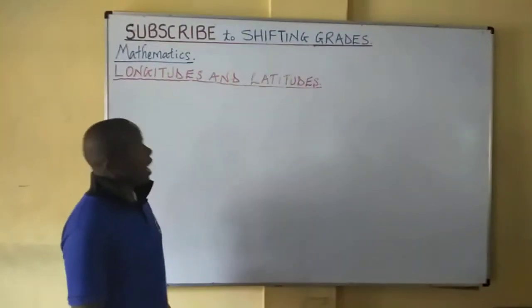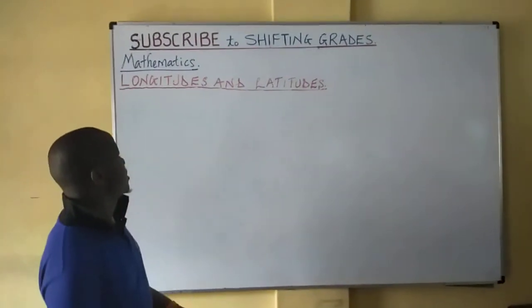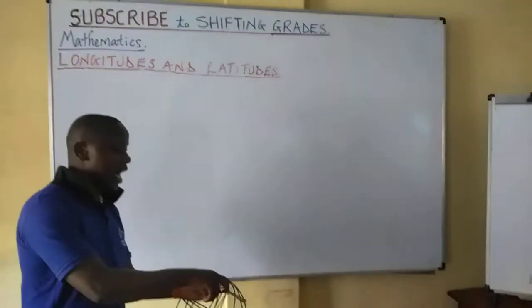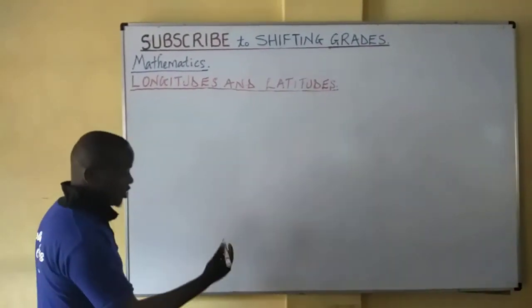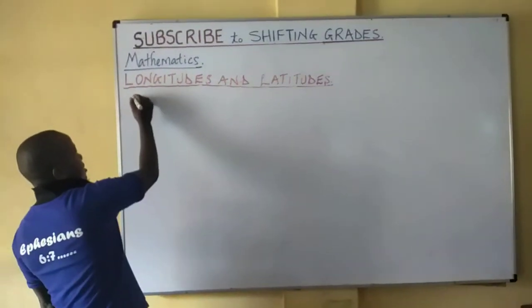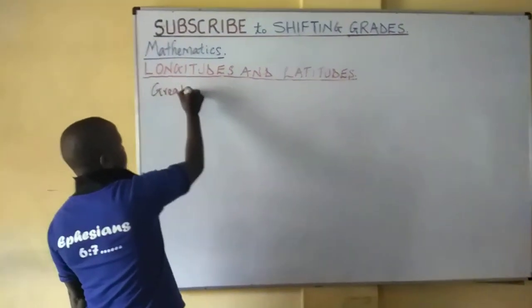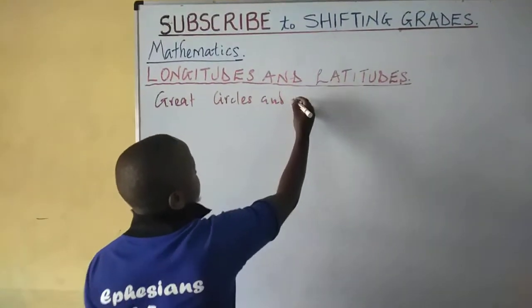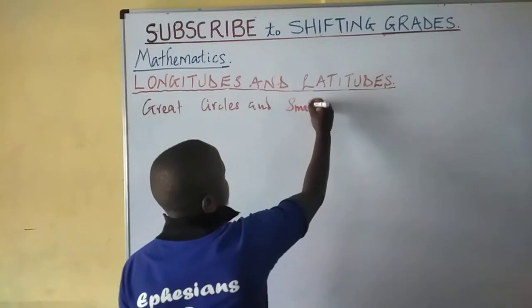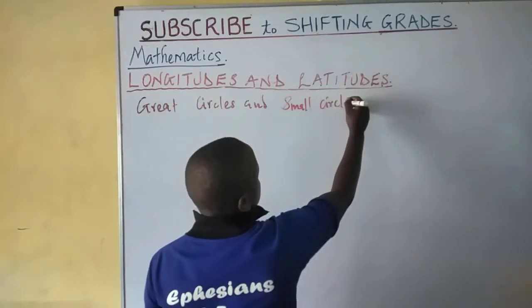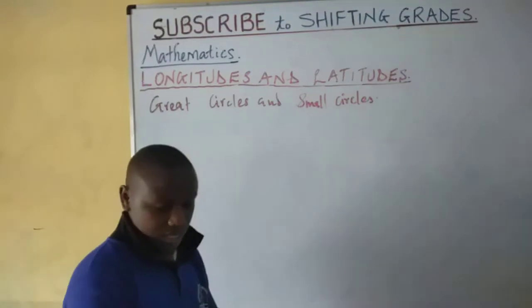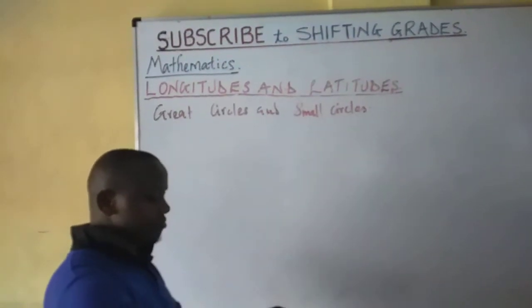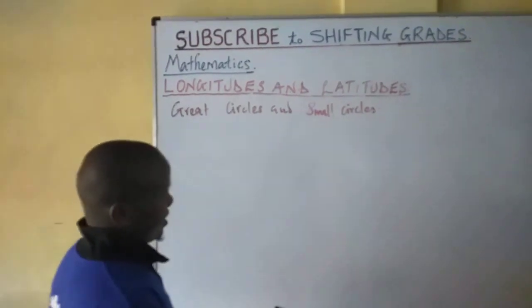Therefore, I would like us to start with small circles and great circles. The first thing I would like us to differentiate is great circles and small circles. Let's observe this sphere.